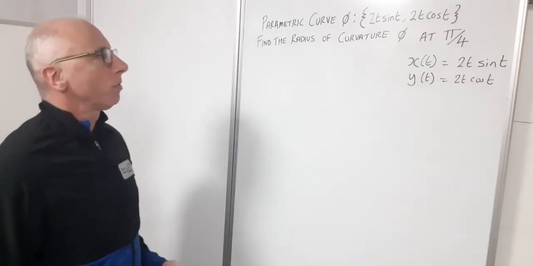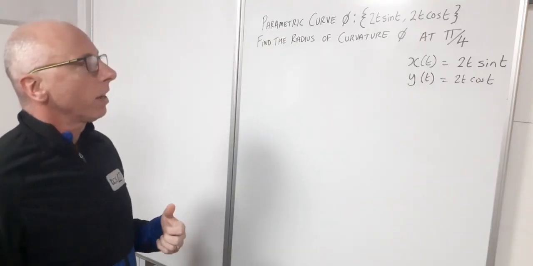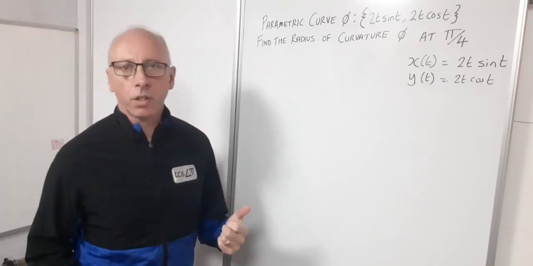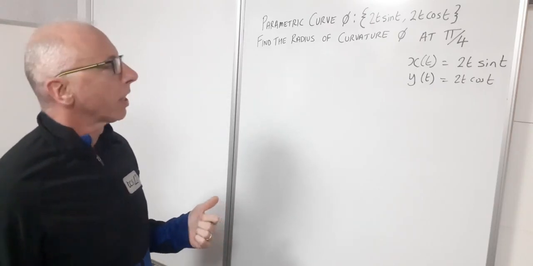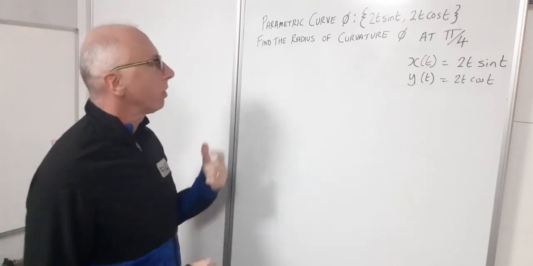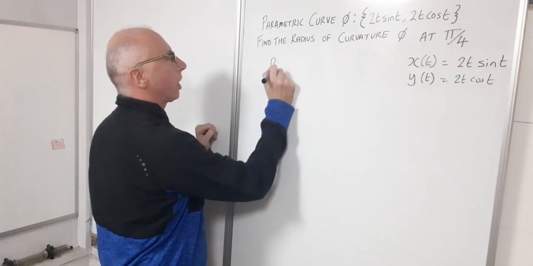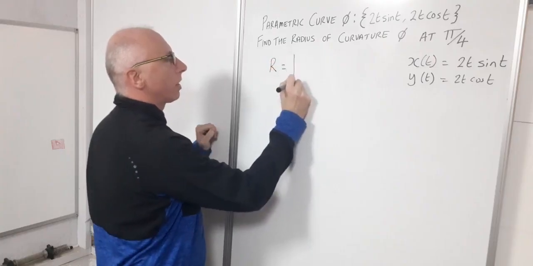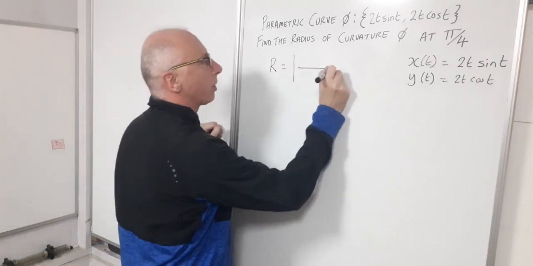Okay, right, now next thing we need to consider is the formula for the radius of curvature of a parametric curve. Now that is found with this quite complicated looking formula. So the radius of curvature, I'm just going to call it r, is the absolute value, and it's a ratio.